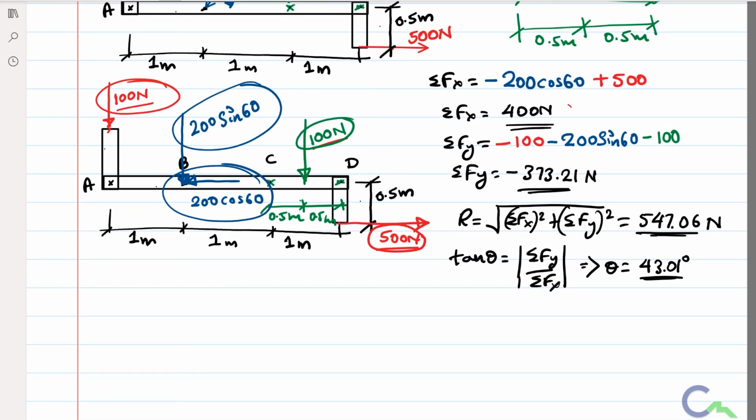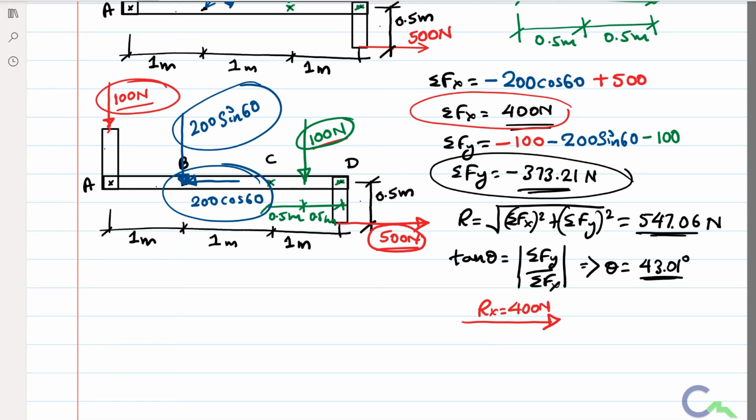The horizontal component we got 400 plus, it is acting in positive direction, therefore Rx is equal to 400 Newton. Then sigma Fy we got minus value, that is acting downward, that is Ry is equal to minus 373.21.